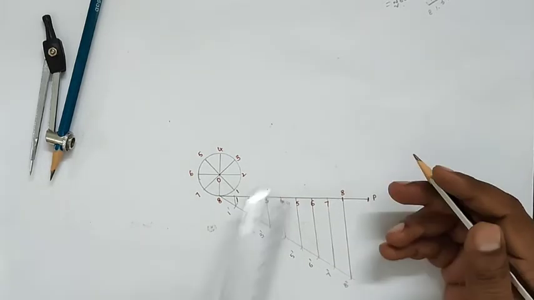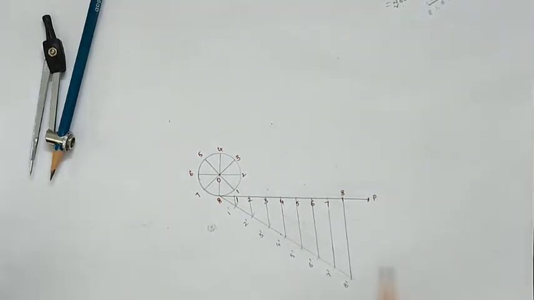Now from the points on the circle we will draw the tangential lines, each at an angle of 90 degrees.